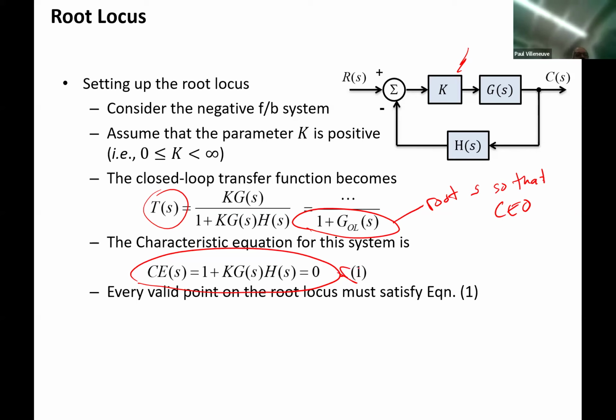So that's why we set that equal to 0. So remember what I said about the magnitude? Magnitude of our valid root has to be equal to 1 at an angle of plus or minus 180. Why did I say 1 at an angle of plus or minus 180? No? No? You're staring at the answer.